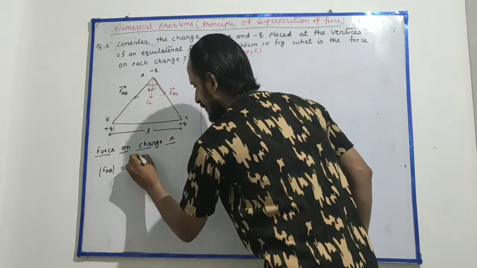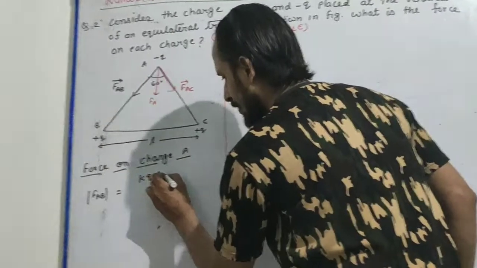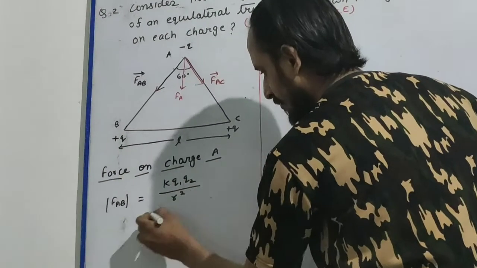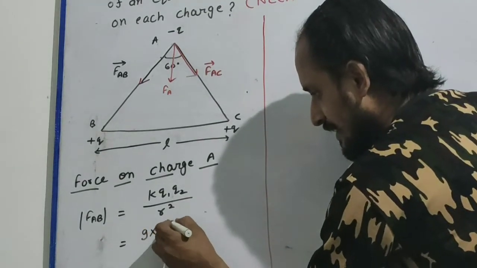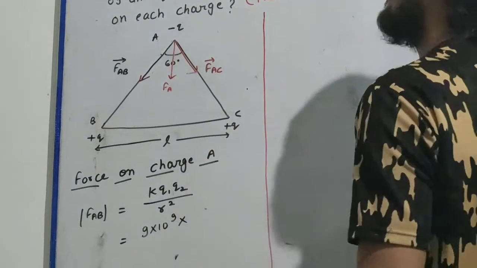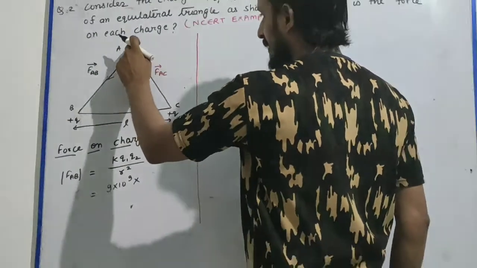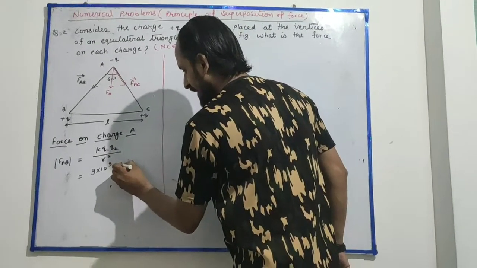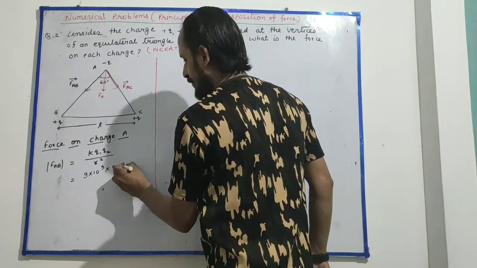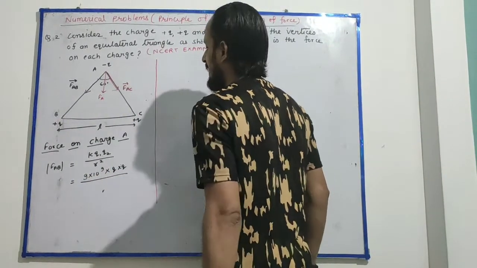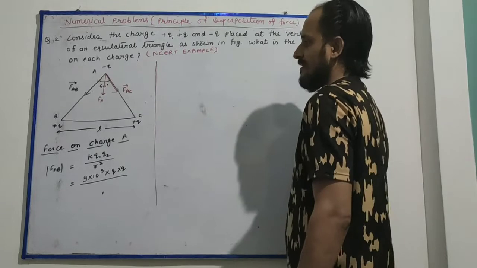So first of all, find the magnitude of force on A due to B. We can use the formula K Q1 Q2 upon R square. Put the value K as 9 into 10 raised to the power 9. Q1 is equal to minus Q, but you will put magnitude only. Q2 you will put magnitude only, divided by R square.